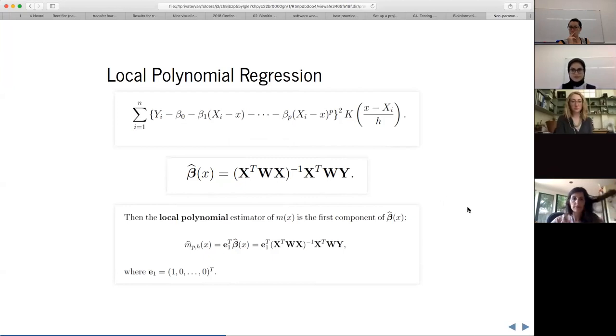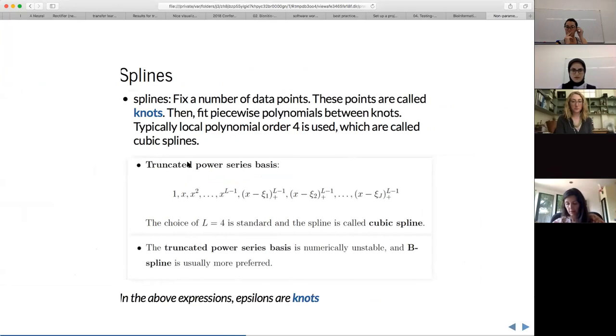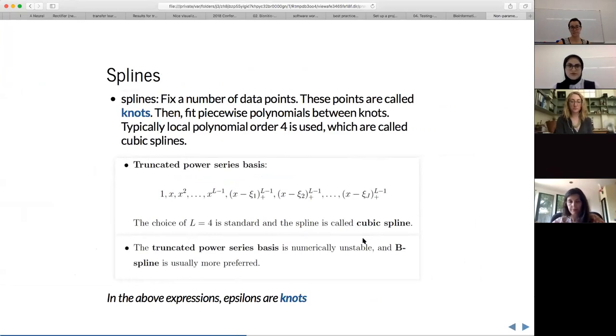So it just increases the complexity of the model. So splines essentially say that let's take your data points, and instead of binning them, let's fix some of the data points.